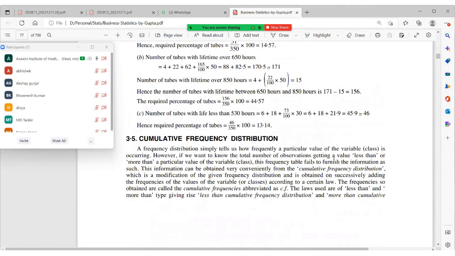We wind up here. In the next class, we start the cumulative frequency distribution.